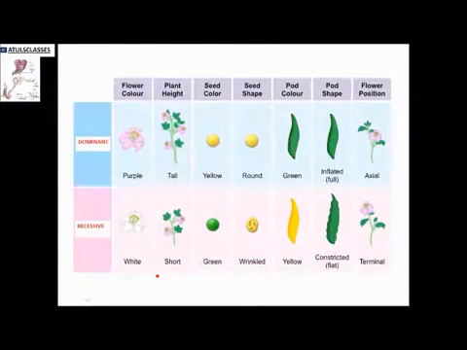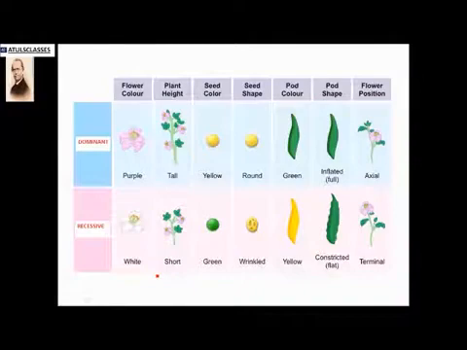Why did he use the pea plant? He used it because pea plants show various contrasting traits. I call them characters or traits, but he used only 7 of the characters for his experiments.